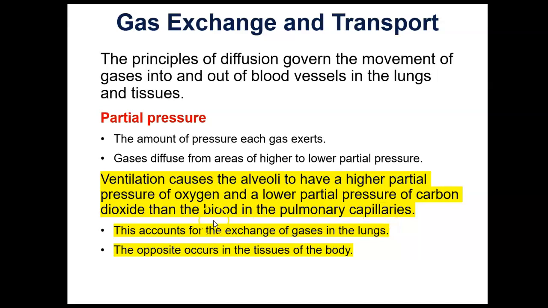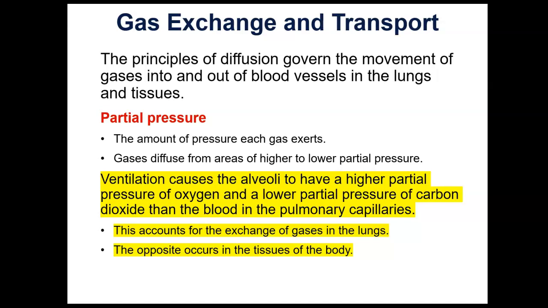So the oxygen with the higher pressure in the alveoli is going to move into the blood. And then the carbon dioxide has a higher pressure in the blood. It's going to diffuse into the alveoli. So those partial pressures of those gases is what determines which direction they move.